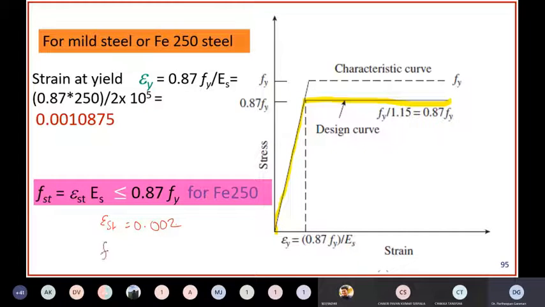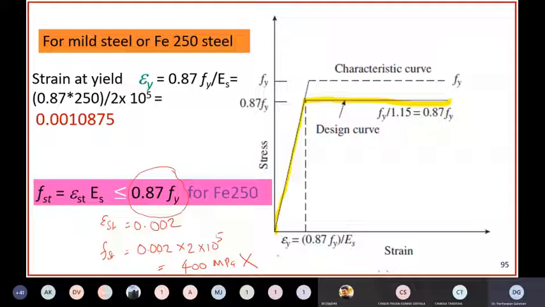What will be the stress? Fst is equal to 0.002 into 2 into 10 power 5, so this will become 400 MPa, which is not possible because there is a limitation here, 0.87 Fy.